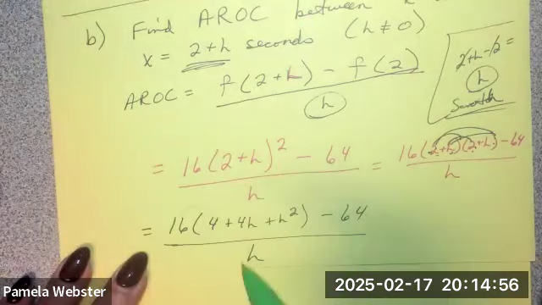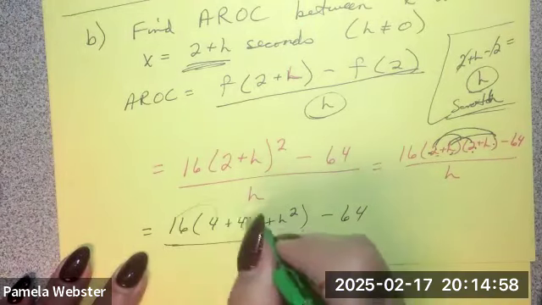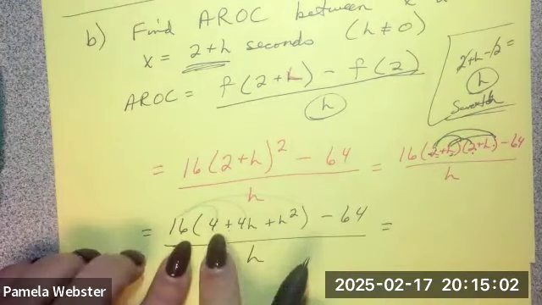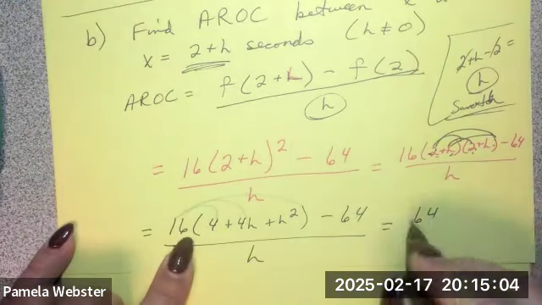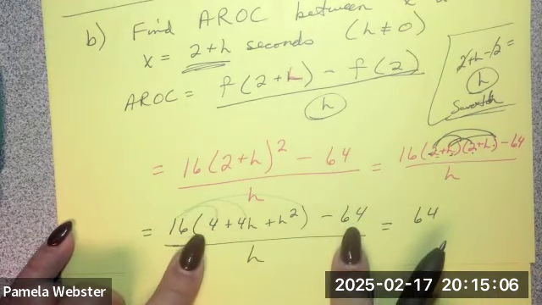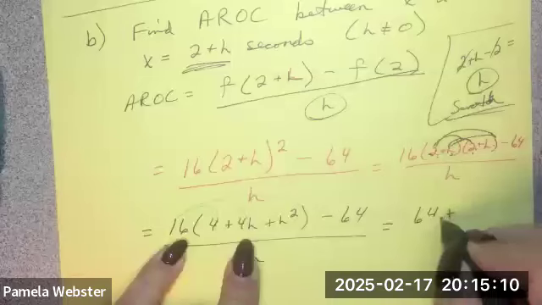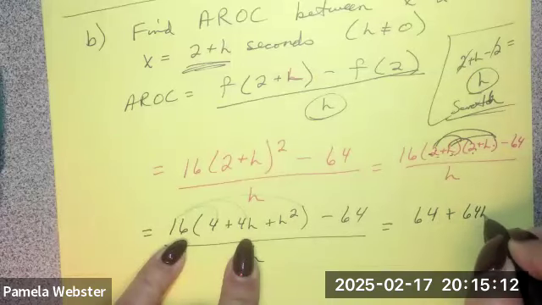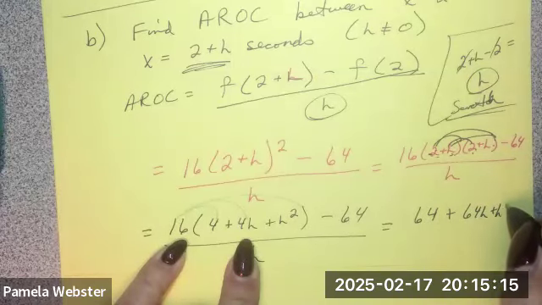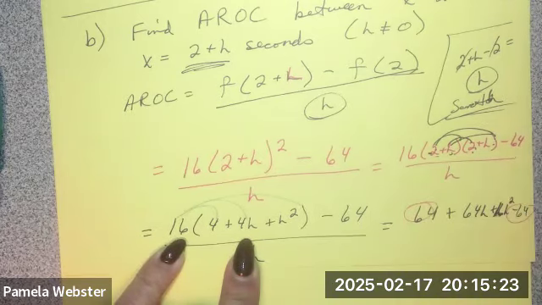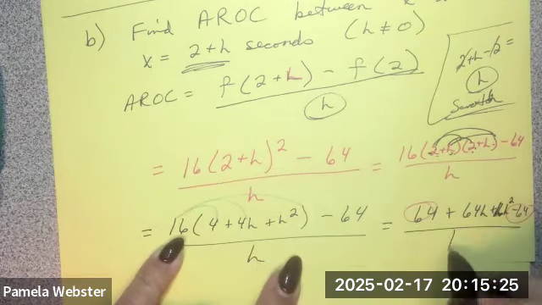The 16 needs to go through. So, hey, look, 16 times 4 is 64. That's going to work out nicely for me, right? Okay. Plus 64h plus 16h squared. I'm out of room, I'm sorry. Minus the 64. I just want to show those 64s go away, all over h.